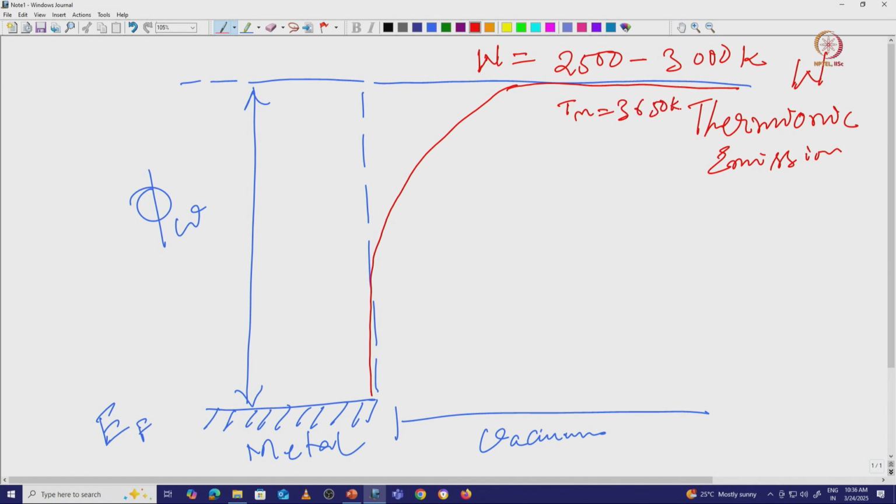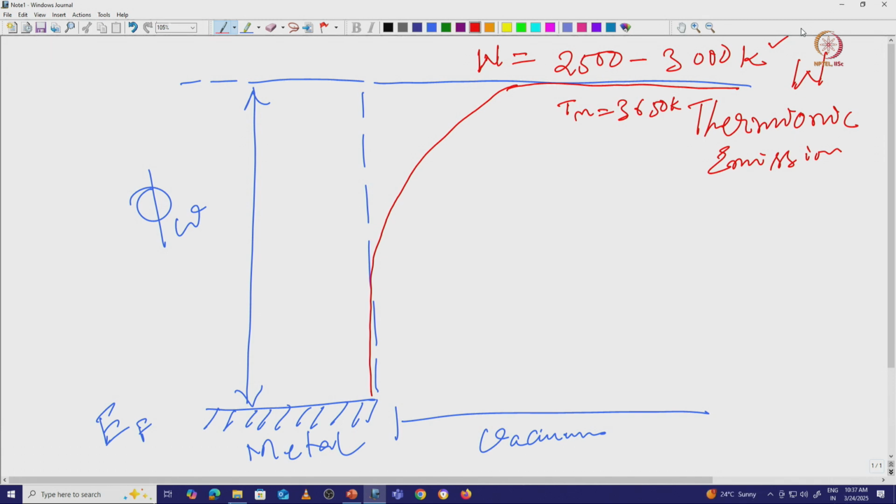Now, one point we should all remember is that we are using a huge amount of heat energy to extract a sufficient amount of electrons, and that is what gives us the brightness. The melting point of the tungsten filament is 3650 Kelvin, which is very close to 3000 Kelvin. So if you use 3000 Kelvin heat, the filament will get near its melting point and degrade very fast.